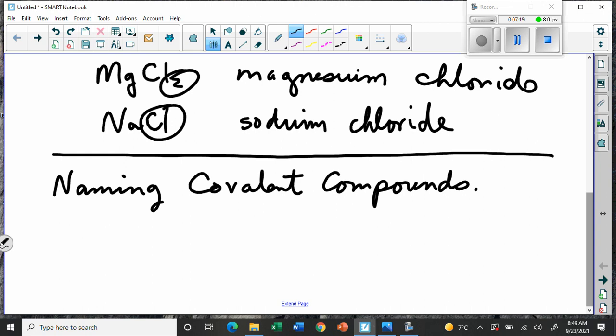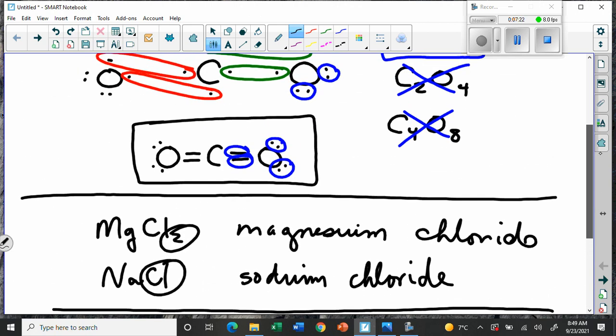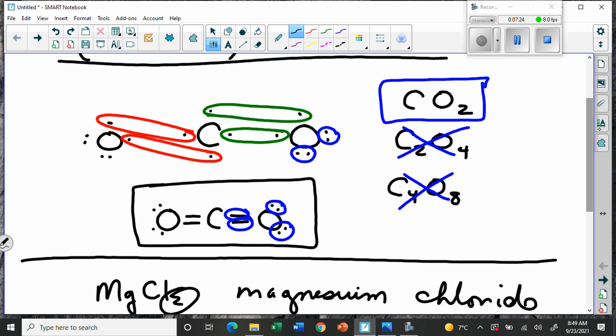If you were to just say carbon oxide for this example, well, there's another combination that can actually work. It's called CO with only 1 oxygen. It's harder to draw the picture for that, but that can happen.